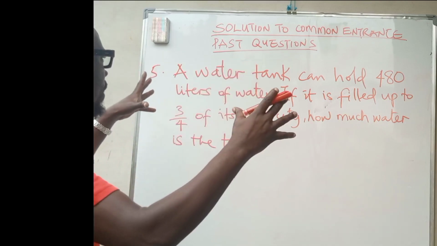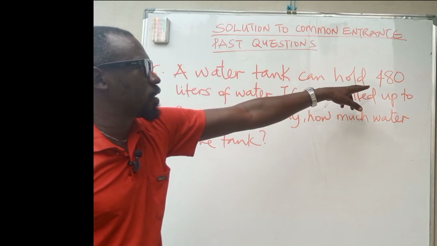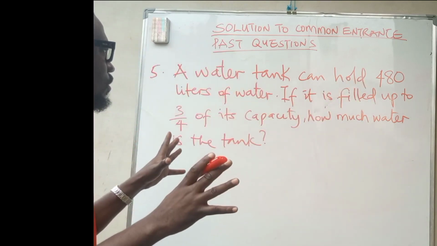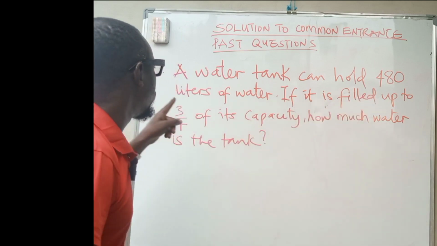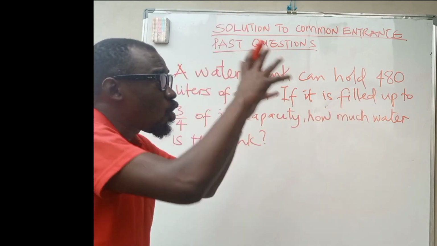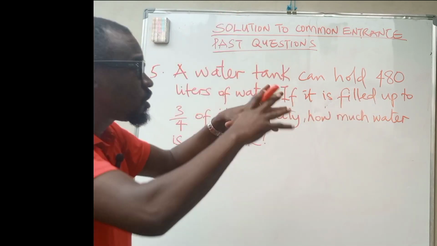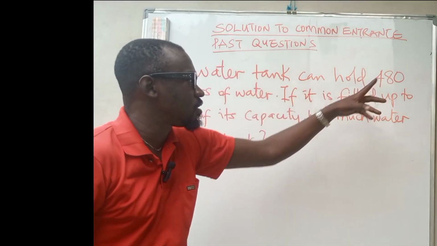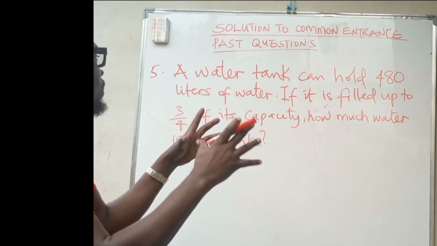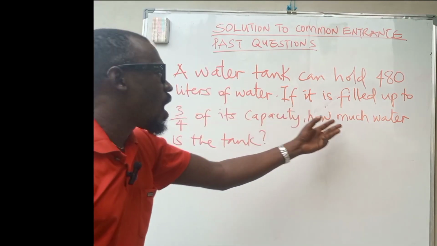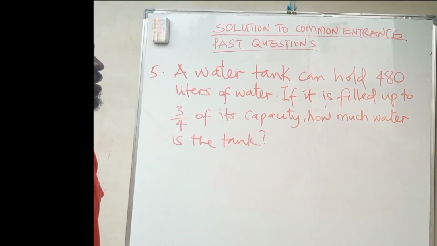The total capacity of the water is 480 liters. Now, the question says if it is filled up to 3/4, which is not the full capacity of 480. But if it is filled 3/4, that's 75% of the capacity. How much is the water?